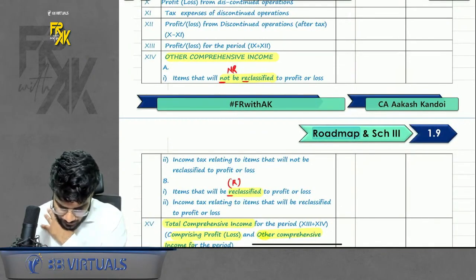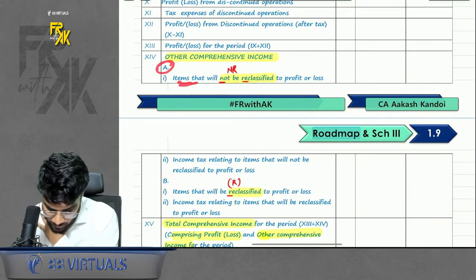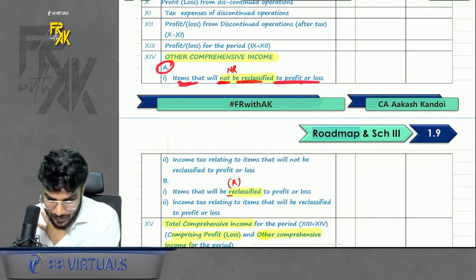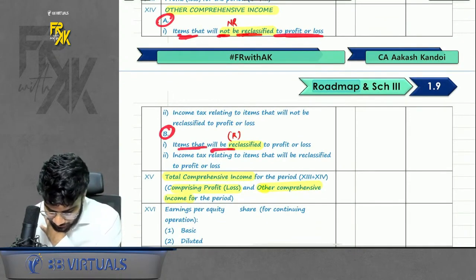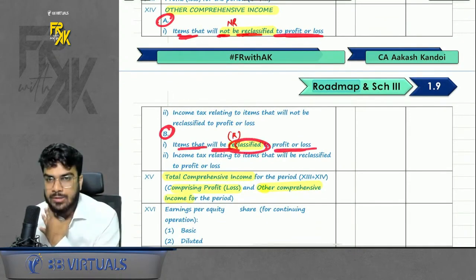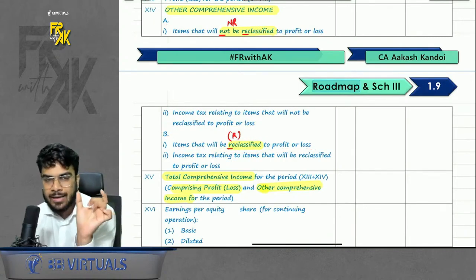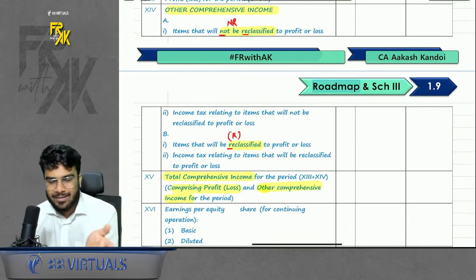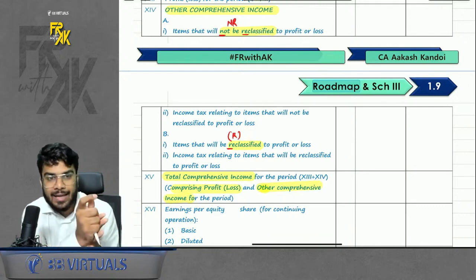Do you see in OCI we have A and B? See the heading of A: items that will not be reclassified to profit and loss. And see the heading of B: items that will be reclassified to profit and loss. Tell me one thing. Where will the revaluation gain appear? Not at the year 4 end. I am telling when you are getting that gain each year.